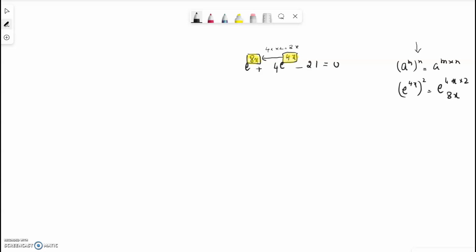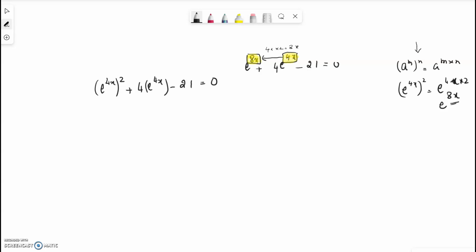So if you go e to the 4x whole to the 2, that is equal to e to the 4x times 2, which is equal to e to the 8x. So e to the 8x can be written as e to the 4x to the power of 2, plus 4 e to the 4x, basically to the power of 1, minus 21 equals 0.